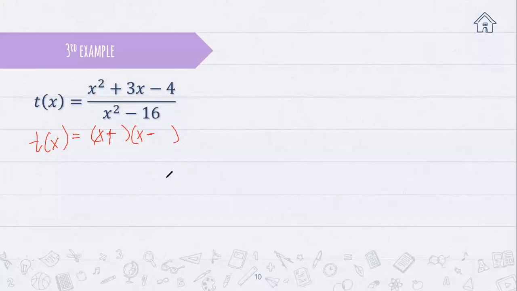So, kung negative siya, dapat positive times negative siya, di ba? Kasi hindi naman pwedeng positive and positive kasi positive yun. Pwedeng positive, negative kasi negative yun. So negative, dapat magkaiba. So, since we have here 3, so we have positive 4 times negative 1. Tama? Kasi pag pinag-add mo yung 4 and negative 1, the answer is positive 3. So, this is correct. So, x plus 4 and x minus 1.